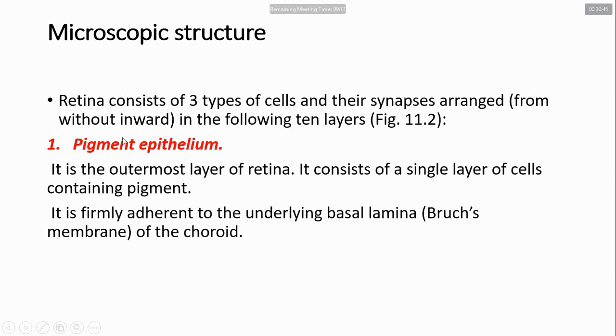The pigment layer is the outermost layer of the retina, and it consists of a single layer of cells containing pigment. It is firmly adhered to the underlying basal lamella, Bruch's membrane of the choroid. So the retinal pigment epithelium is the outermost layer of the retina.